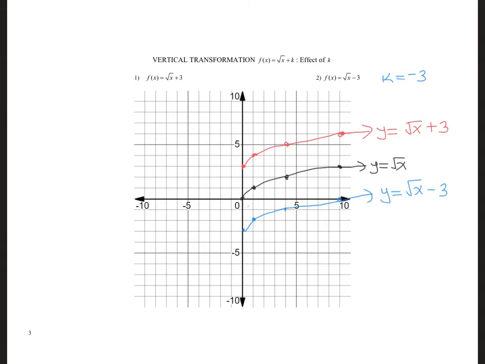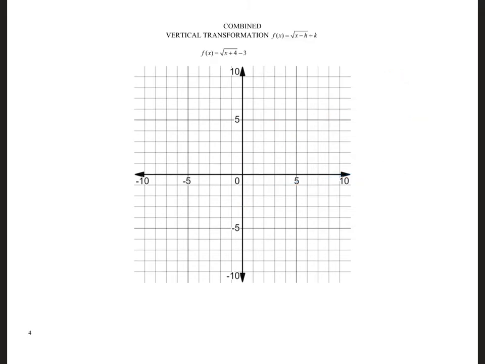Okay, so the next one, I'm going to do combined form. And again, I'm going to start with my parent function.